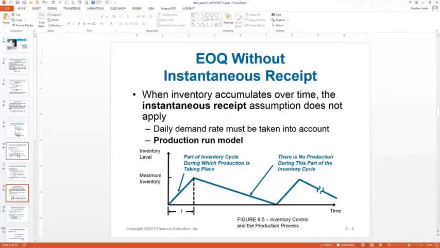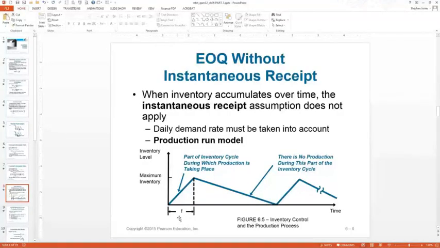If you don't have instantaneous receipt of all of the materials that you're looking for, you need to be careful that your reorder point, your economic order amount, and so on get adjusted for this kind of a process.